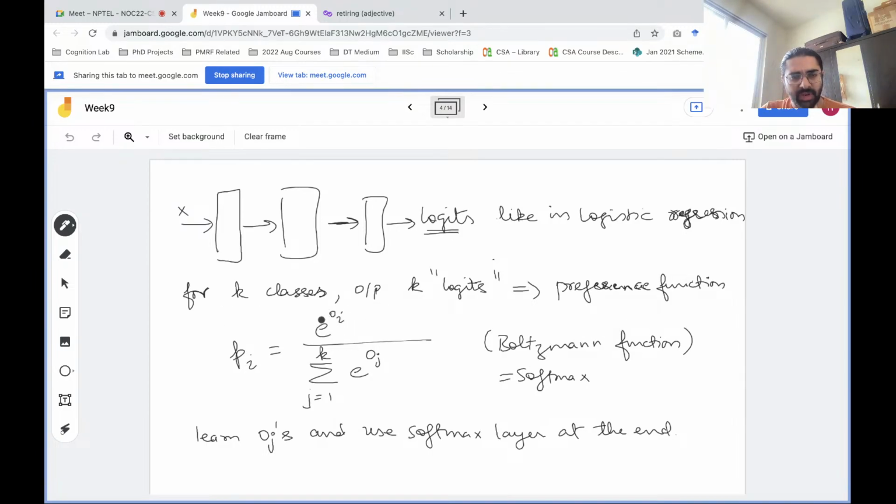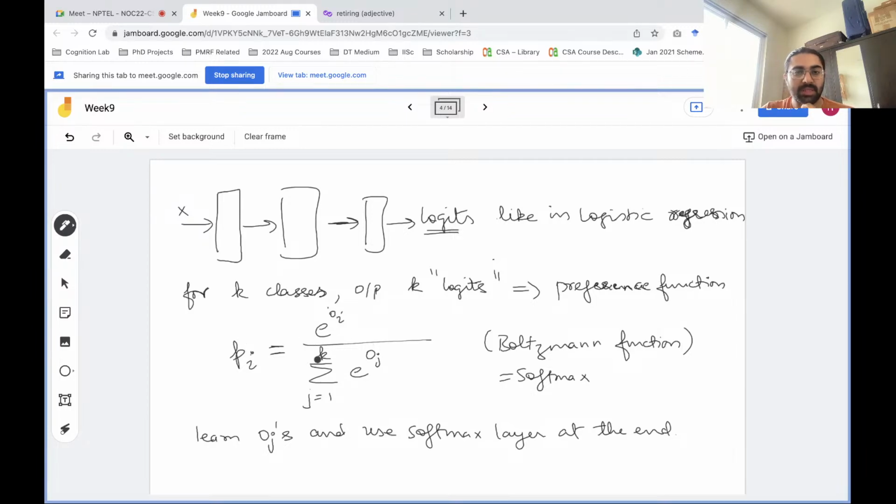Instead of imposing the constraint that the probabilities should sum to one directly on the network, we learn these exponents of the classes, e to the power o_i by e to the power o_j. Since o_i and o_j can take any value, we want the system to output these o_i, and I will use a layer at the end, called a softmax layer, to convert it to a probability output.